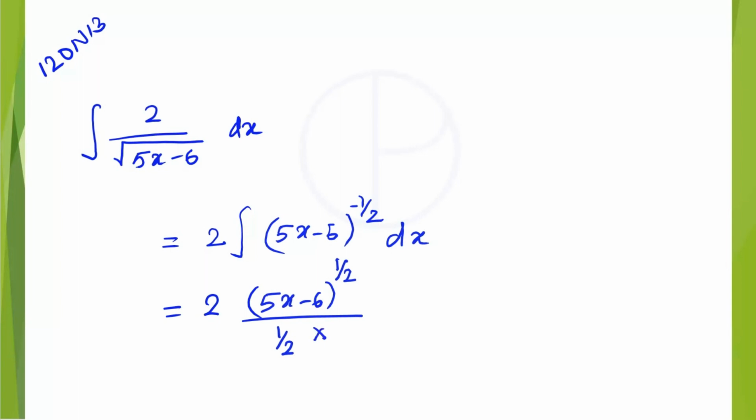In the denominator, write the coefficient of x, which is 5 here, plus c. So this is equal to 4 divided by 5 square root of 5x-6 plus c.